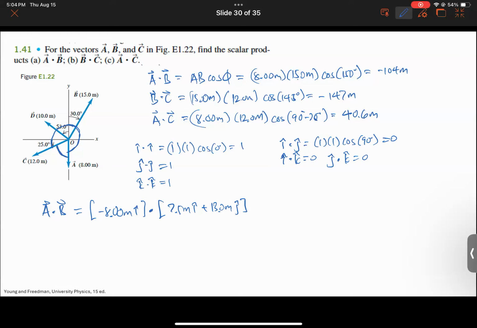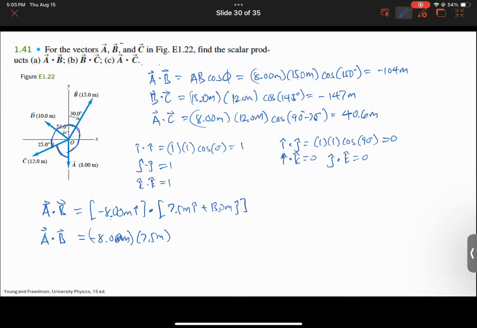Okay, so anong mangyayari dito? A dot B. So ang A dot B is equal to negative 8.0 meters times 7.5 meters, I hat dot I hat. Okay, that's equal to 1. So negative 8.0 meters times 7.5 meters, times 1.